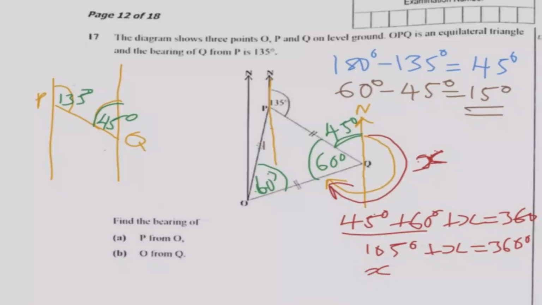So we have x is equal to 360 degrees minus 105 degrees, which will give us x is equal to, the difference of 360 and 105 degrees, 255 degrees. Okay, so that is the answer.